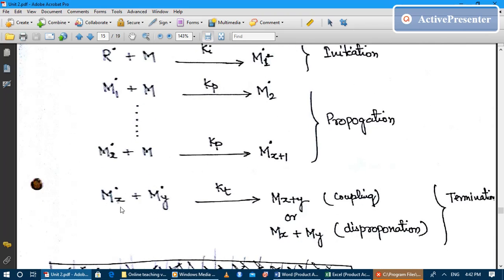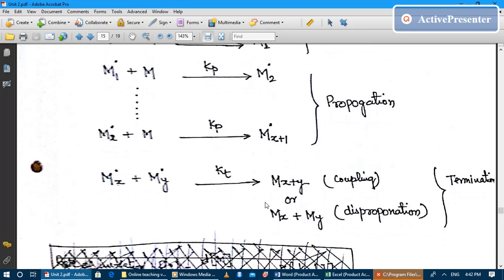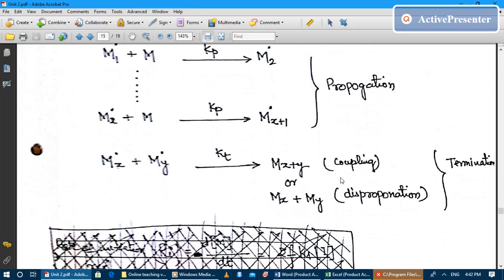Now two growing polymer chains, Mx dot and My dot, may be terminated either by coupling or by disproportionation. If terminated by coupling, it will be Mx plus y, or by disproportionation it will be Mx plus My.